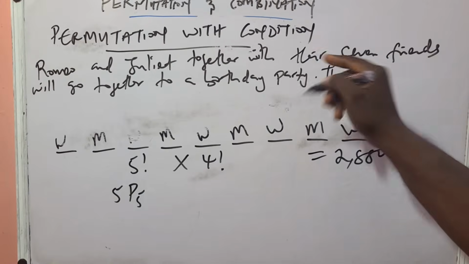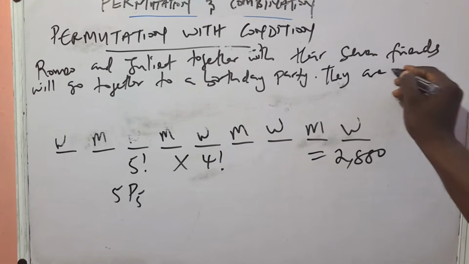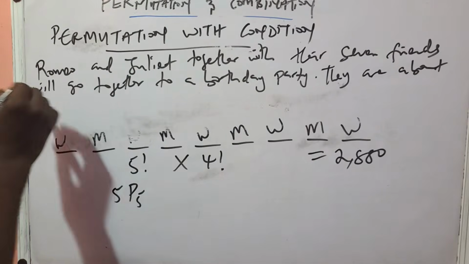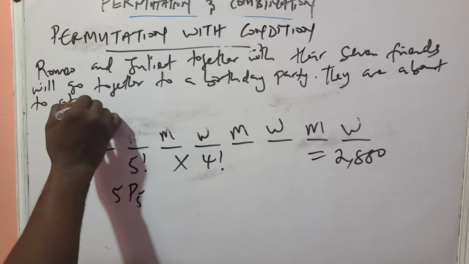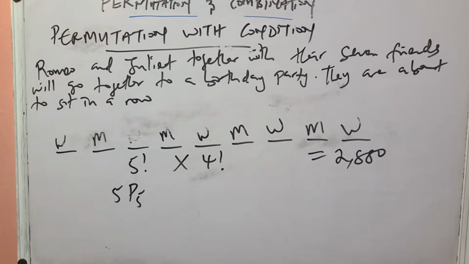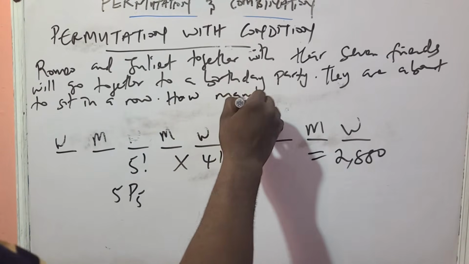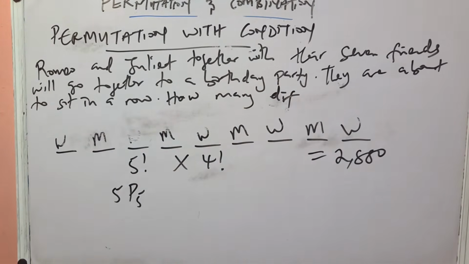Romeo and Juliet with their 7 friends are about to sit in a row. Now, how many different sitting arrangements are possible? That's the question.